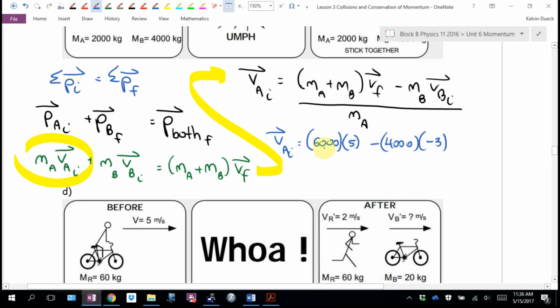Negative 3, divided by mass of A, which is 2,000. We're looking for VA initial, sorry. How fast was object A coming in at? I think I can do this in my head. It's going to be 30,000 plus 12,000, 42,000, 26? No. 21? Yeah. 21? Is that right? Yep.